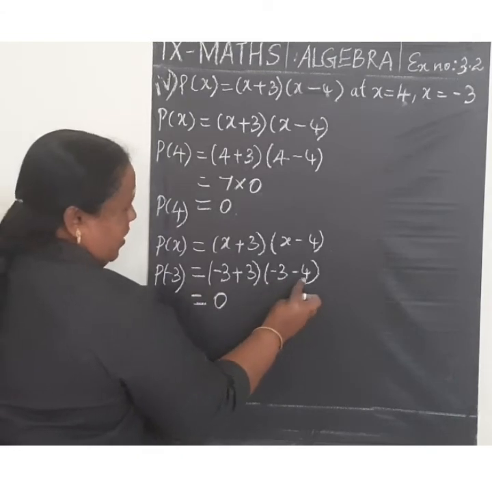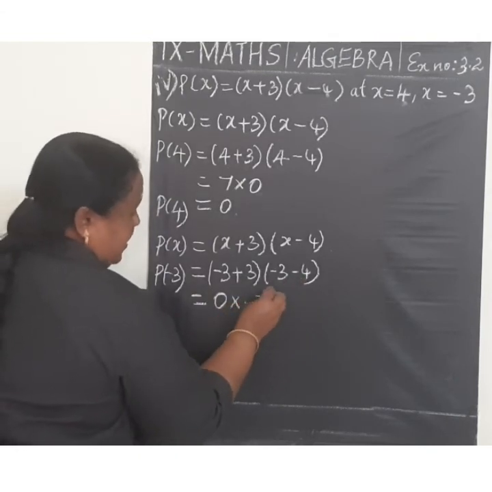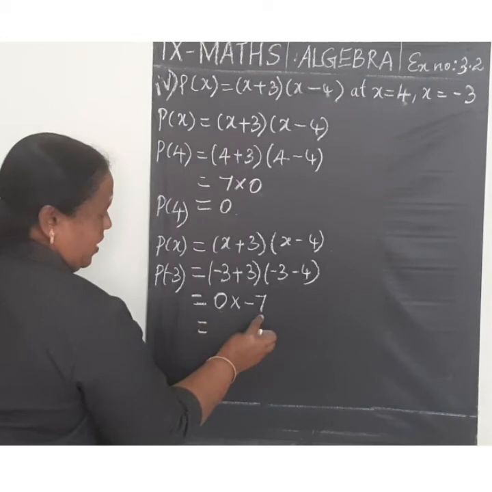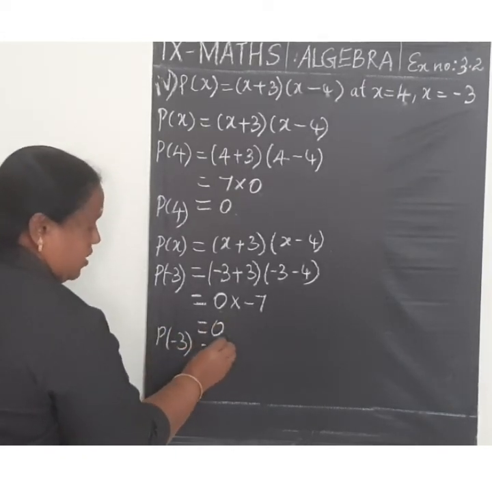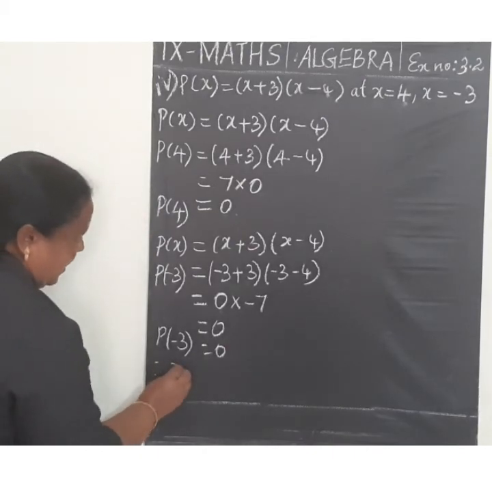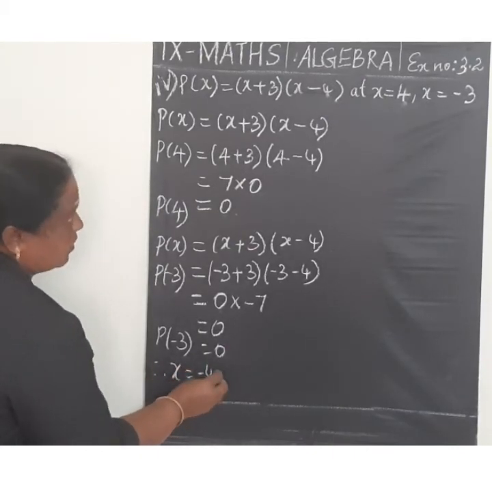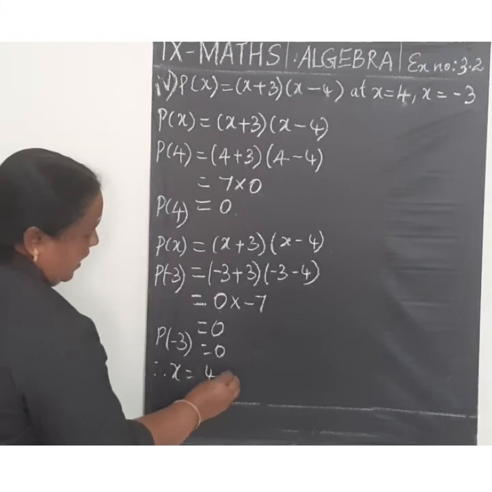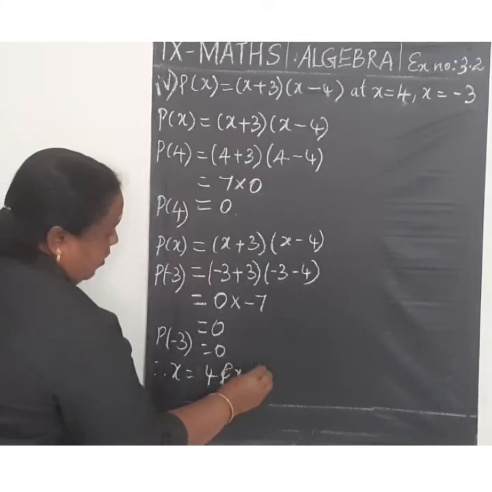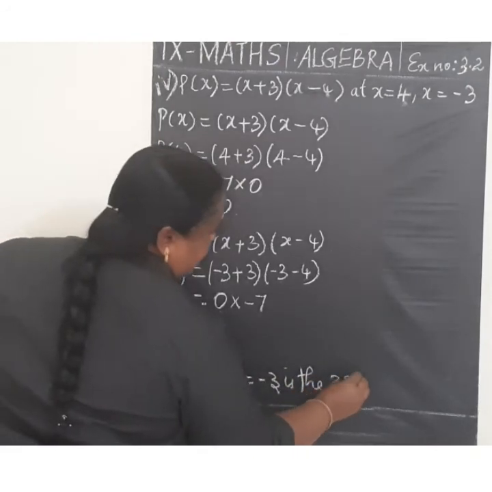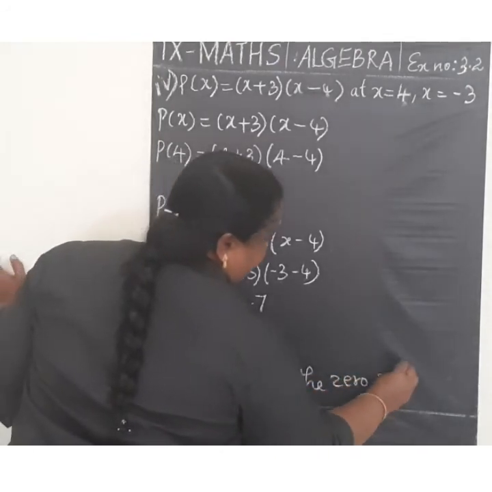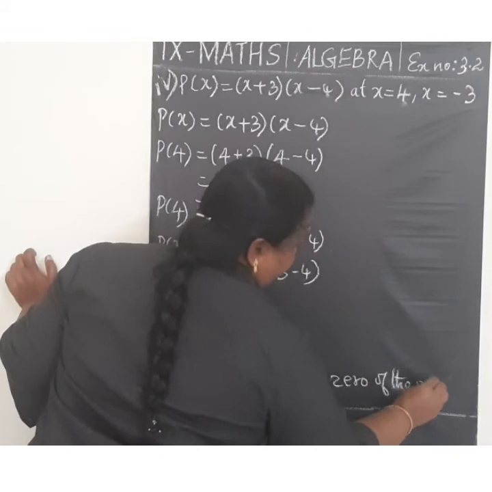Here minus 3 minus 4 is minus 7. So 0 into minus 7 is 0. So P of minus 3 is equal to 0. Therefore x is equal to 4 and x is equal to minus 3 are the zeros of the polynomial.